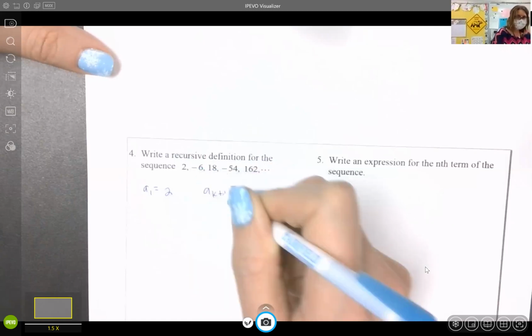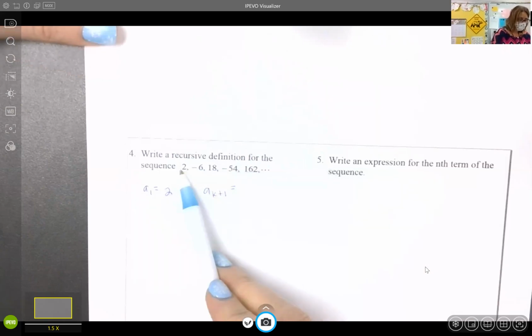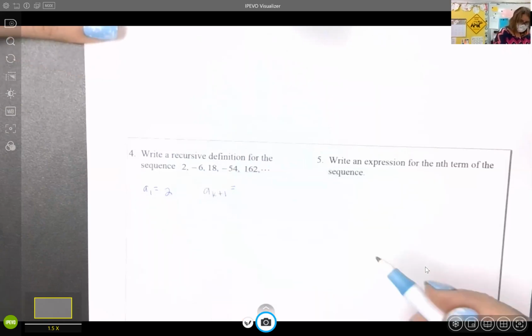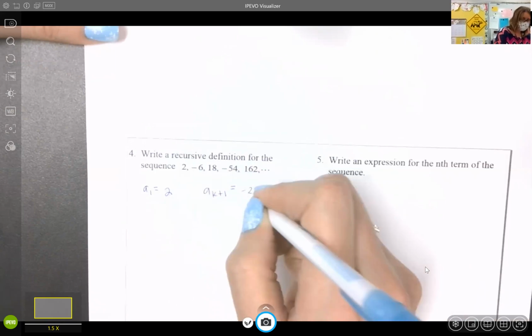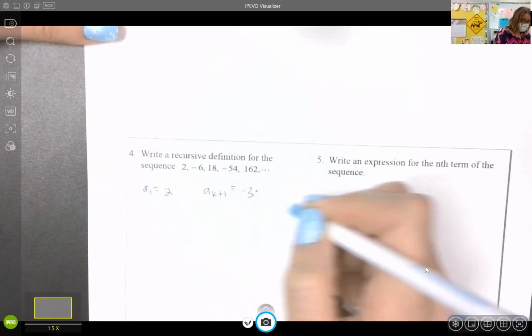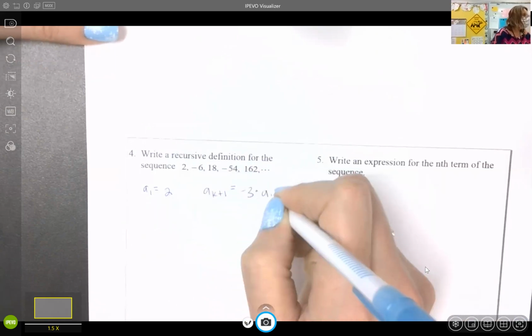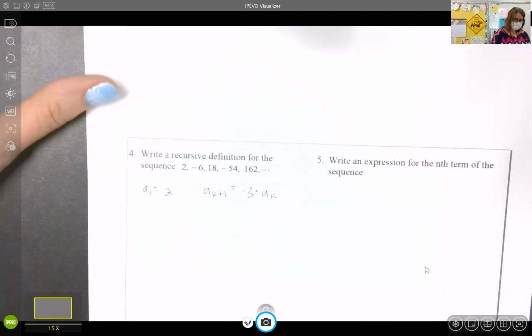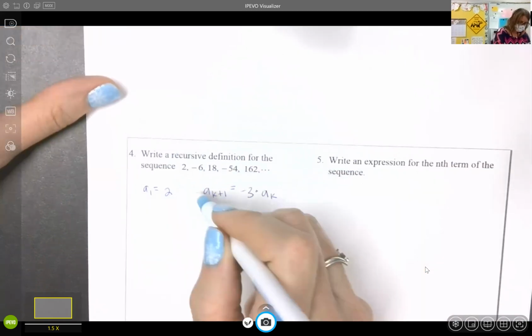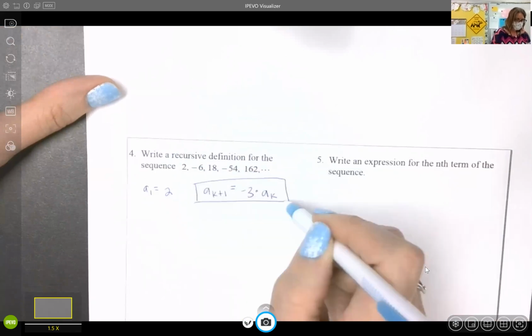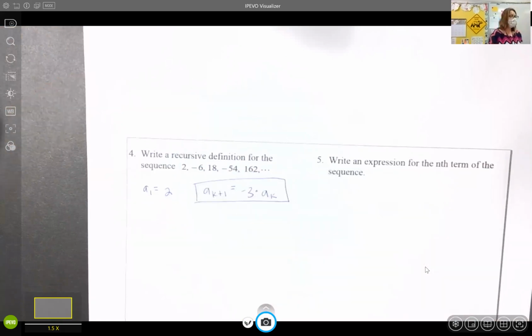So how am I going from 2 to negative 6? Negative 3 times A sub k, right? Good job. So that means whatever the previous term was, I'm going to multiply it by negative 3 to get to the next term. Okay? All right.